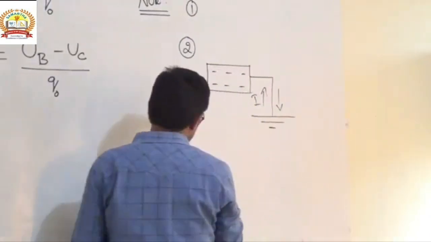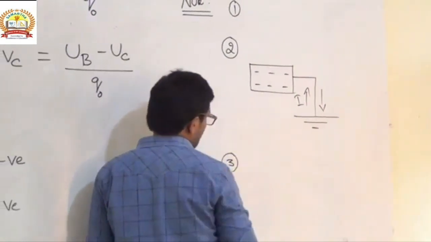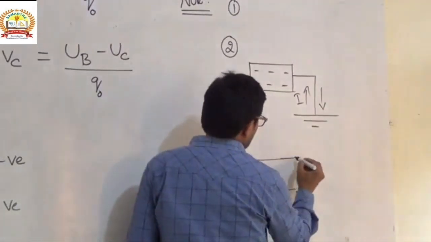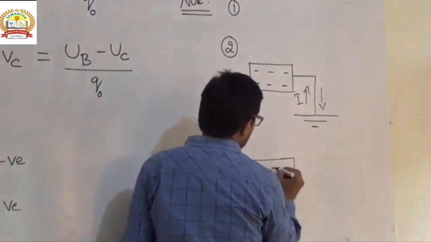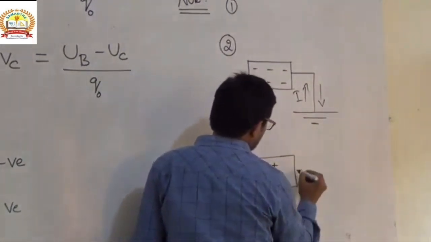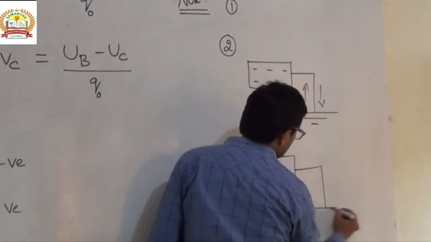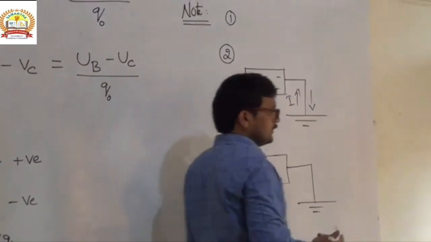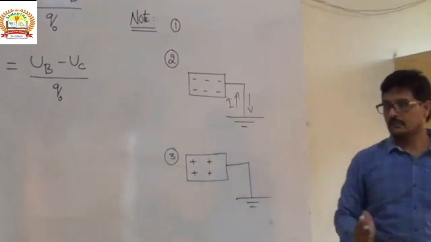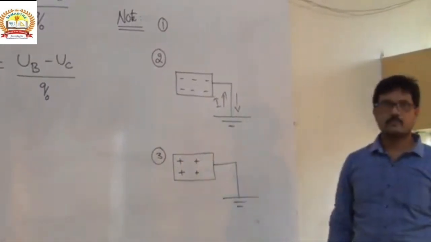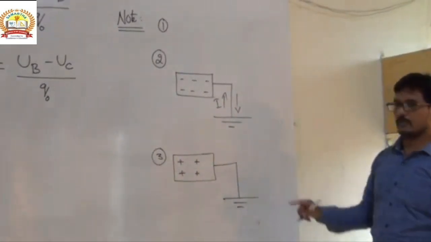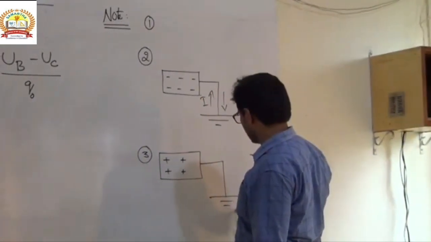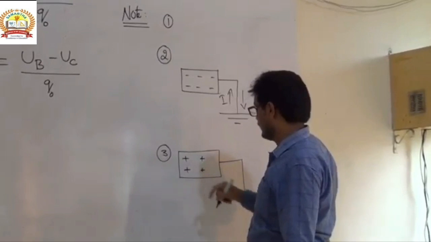And the third one is a positively charged body. This positively charged body is also earthed. Now what happens? The electrons flow from the earth to the body till the potential of the earth and the body is the same.